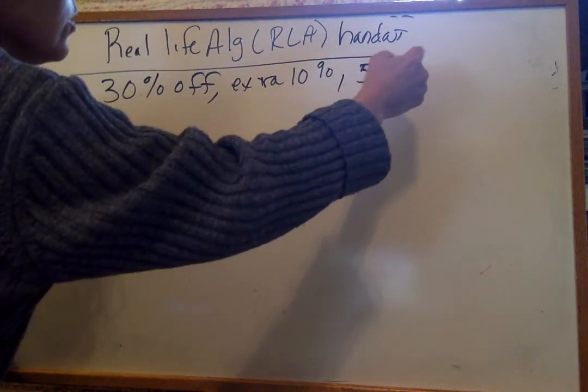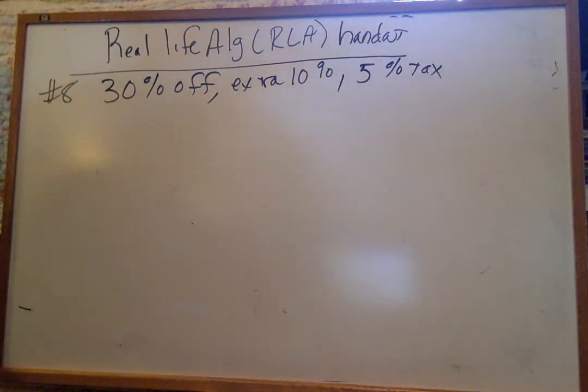And we, of course, do have the 5% tax. So given how crazy it is on Black Friday, it would be really nice to have a formula written out, so then as you're picking up all of your merchandise, you'd be able to figure out exactly how much you're supposed to be charged when you get up to the register.